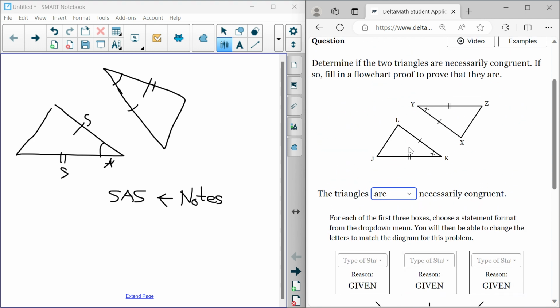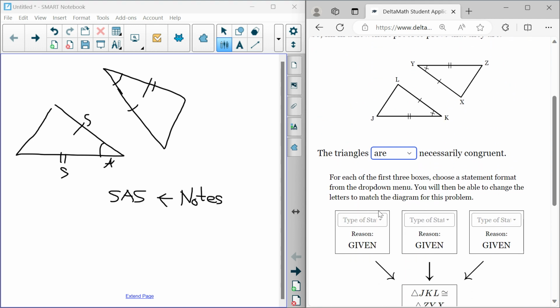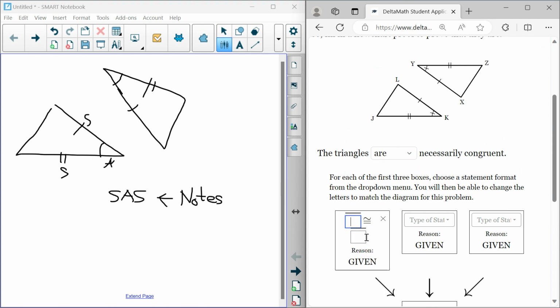So what we need to do is identify the things that are given. We need to talk about some side lengths being the same. In this case, JK being congruent to, let's see, J to K, Z to Y. We want to give another statement, let's talk about the angle.